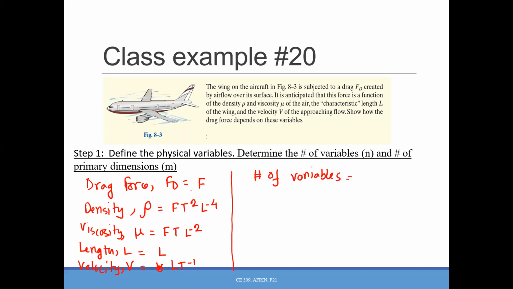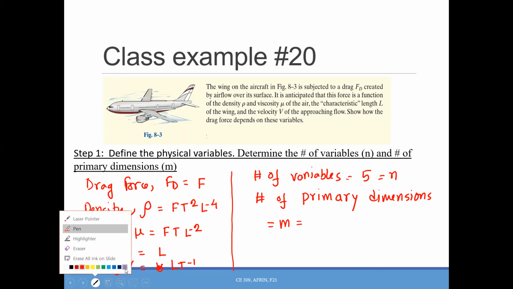Now, number of variables, we have 1, 2, 3, 4, 5. And number of primary dimensions, this one is m. So let's see how many primary dimensions we have.